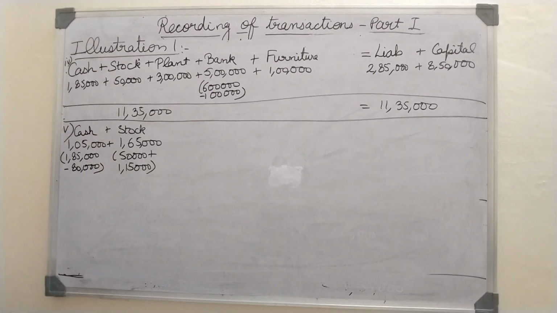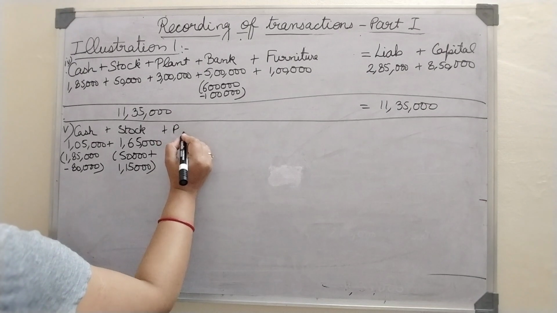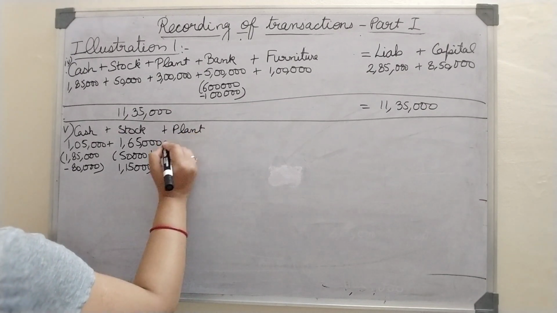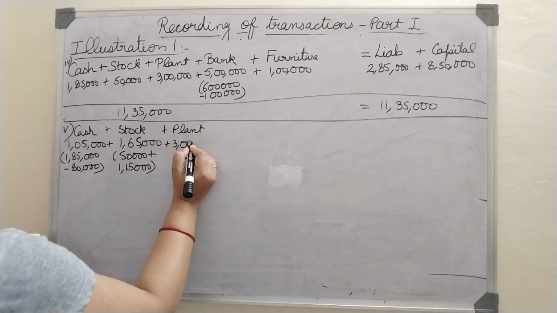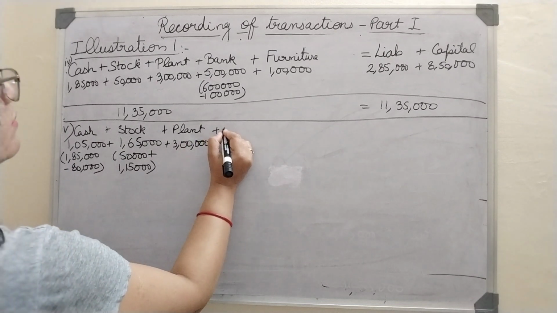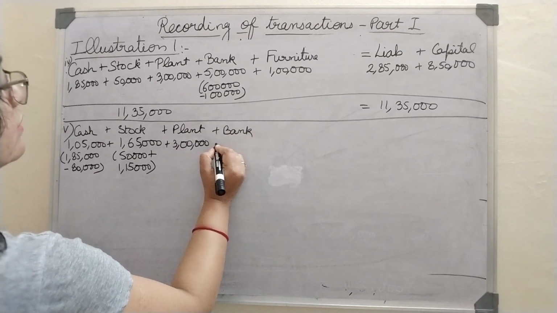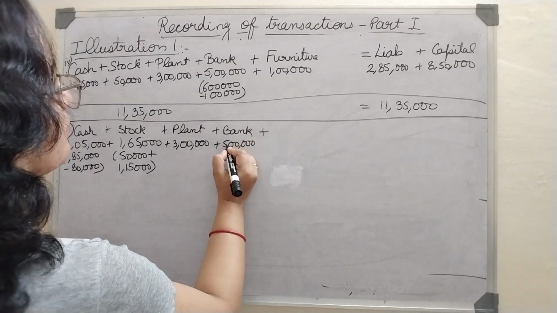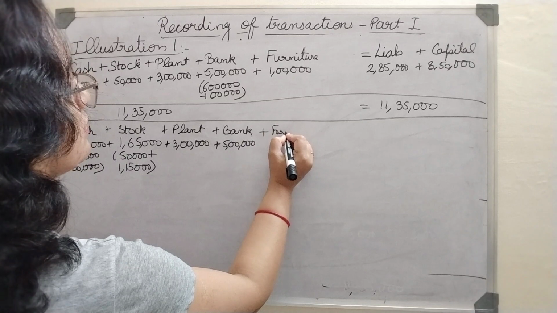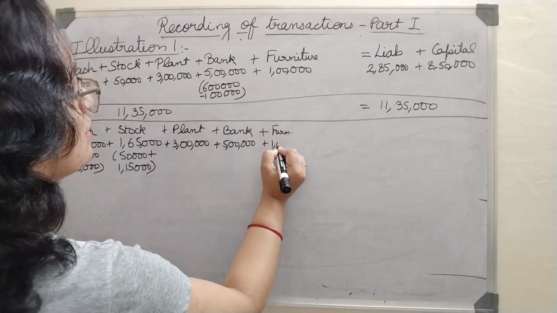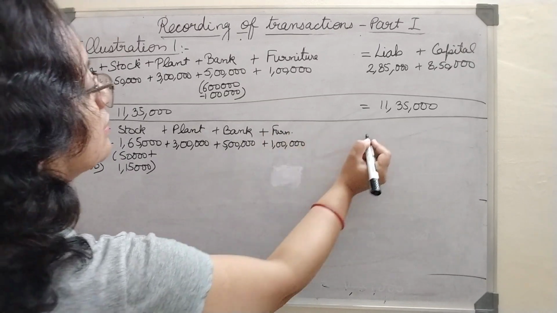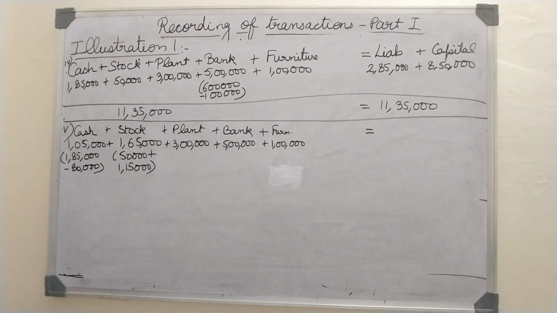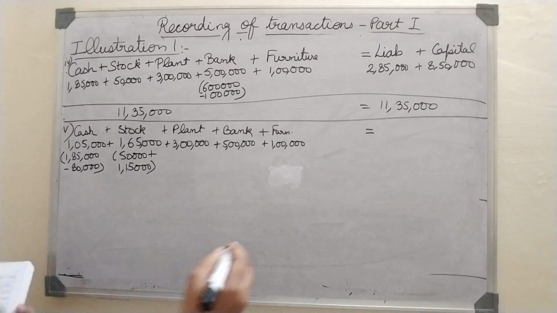Now next of the things, plant and machinery. Plant is same, 3 lakh. Then bank is not affected, so it will also remain the same. Furniture also remains 1 lakh. Now over here, one thing we have to keep in mind, whenever we are purchasing on credit, it has to be added to the liabilities.